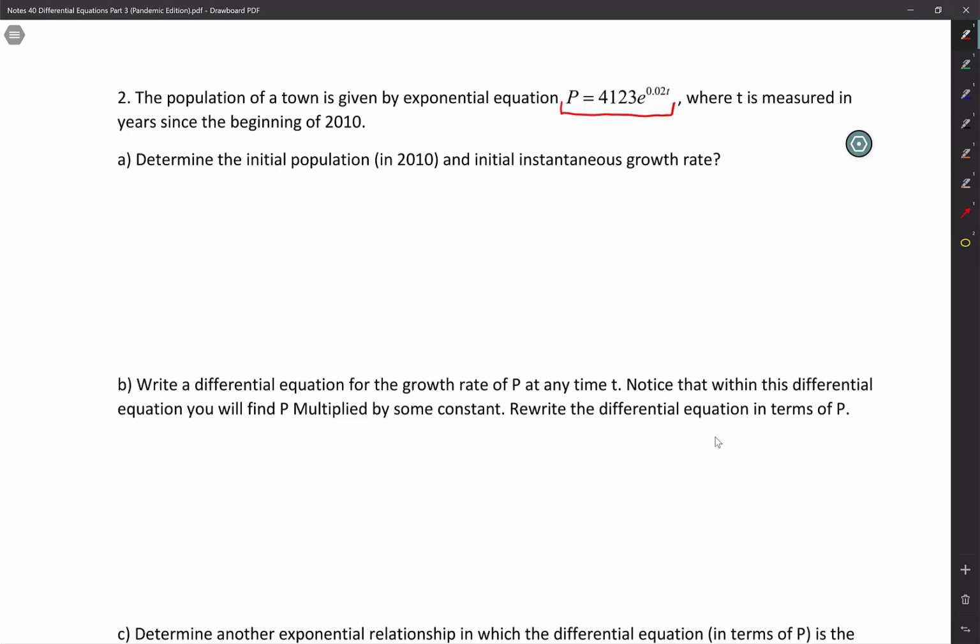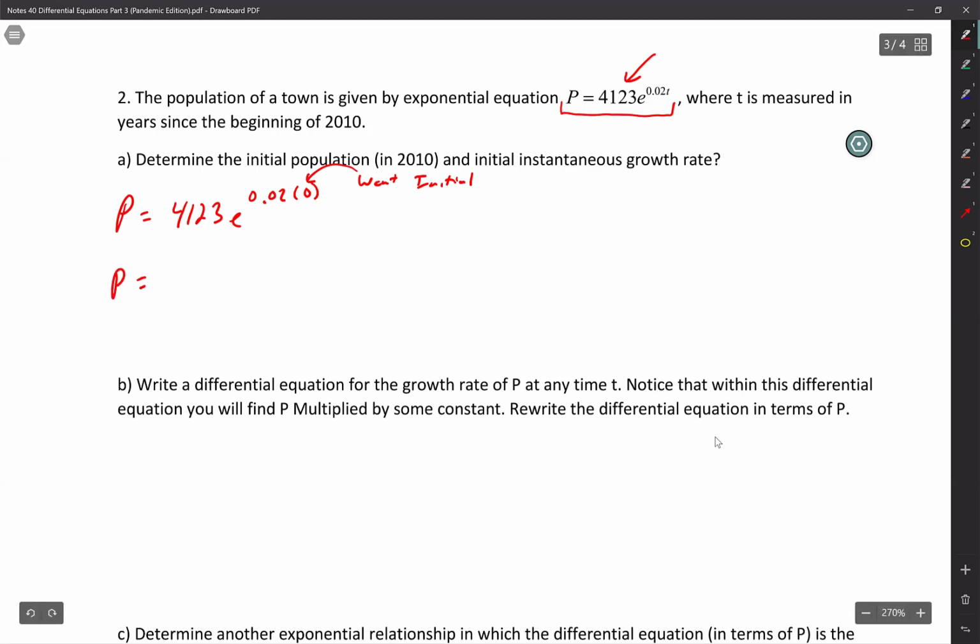All right. If you have experience, I would hope that you remember that 4123 is your initial amount. If you do not have experience, then you're probably going to do this. P equals 4123 e to the 0.02 times 0, because I want the initial, and initial is always indicative of time equals 0.